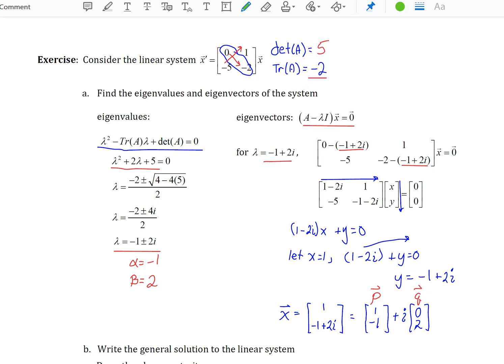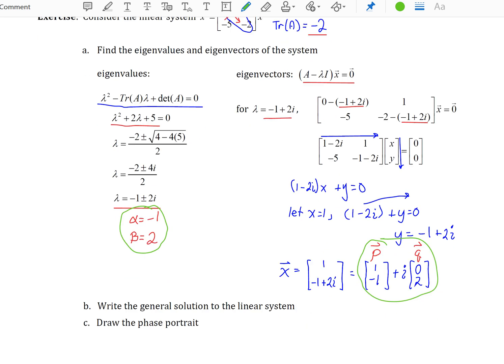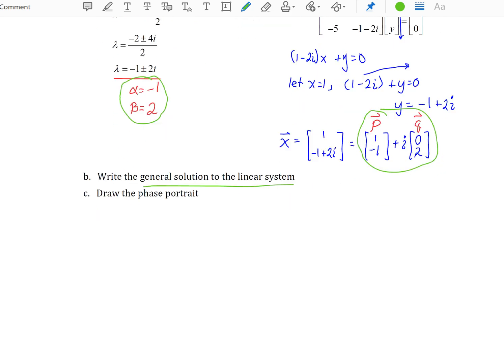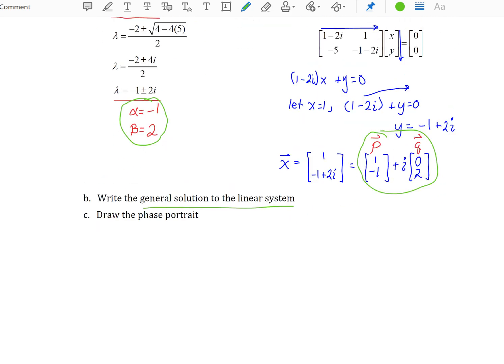Now that we have our eigenvalues and our eigenvector written in terms of its real and imaginary components, we can jump to writing our general solution to the linear system. So let's first write the real component of our solution.